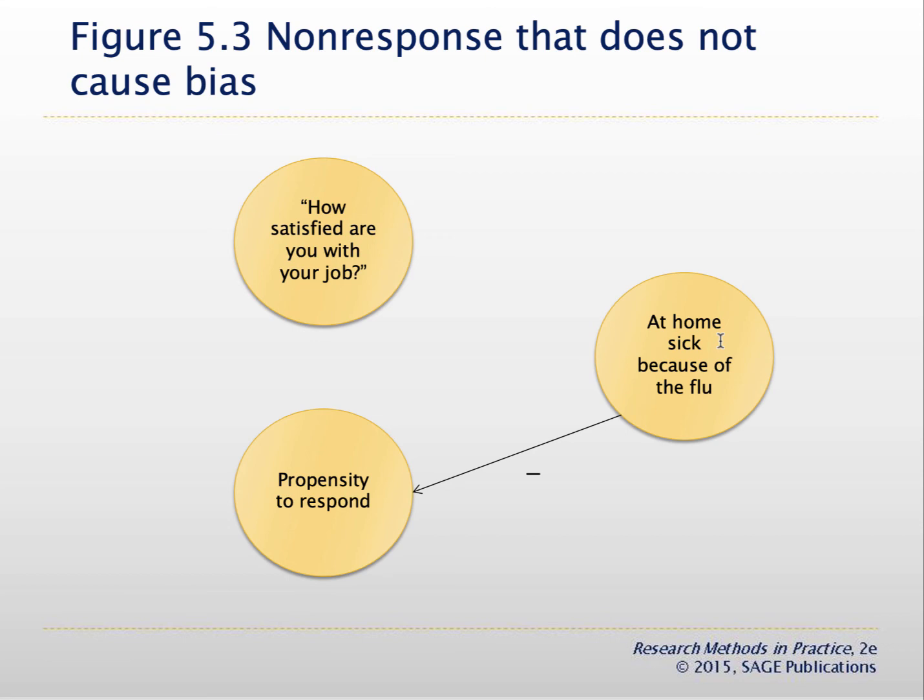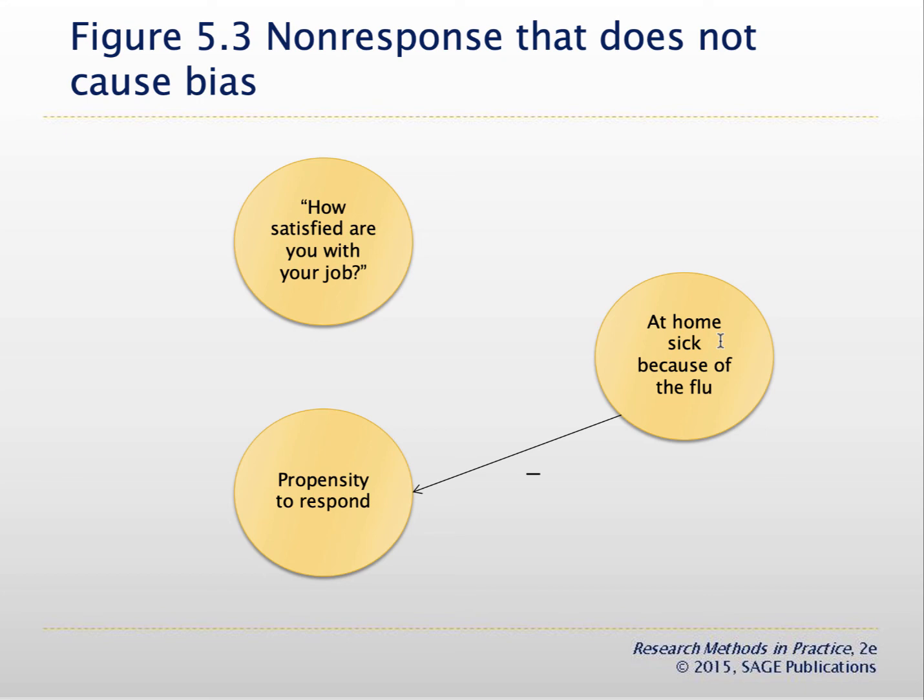Think about doing a job satisfaction survey at a particular workplace. People need to be at the workplace to respond, but some people are going to be home with the flu. Well, if they're home with the flu, they're not going to respond. So being home sick with the flu makes them less likely to respond.